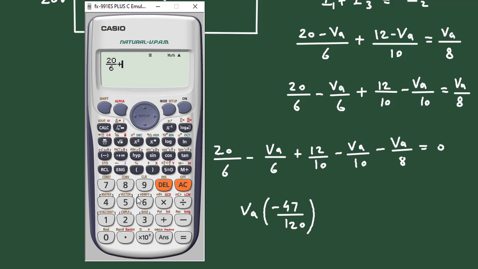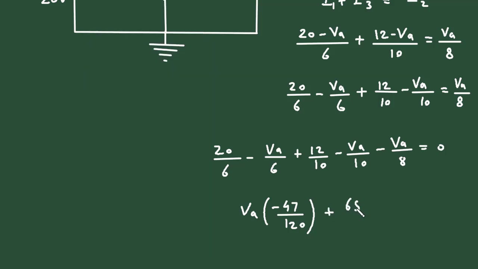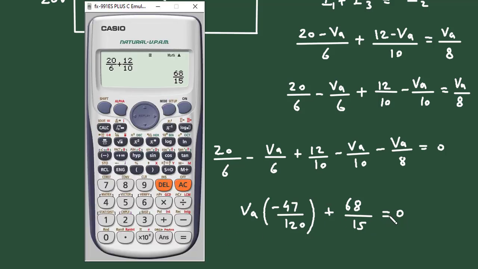Now if we solve 20 by 6 plus 12 divided by 10, it is equal to 68 by 15. So here we can write plus 68 divided by 15 is equal to 0.